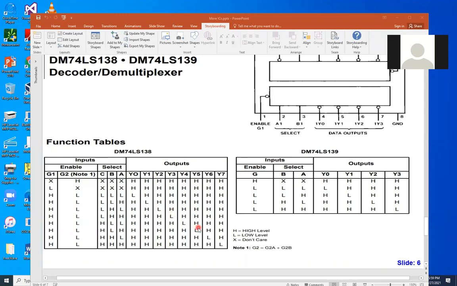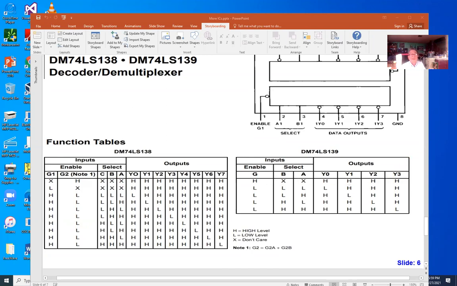I don't understand what the select is doing. Could you explain the ABC select again, please? ABC here, right? Yes, sir. I don't understand the function of that select. Okay, that means they decide which output here will be low, by applying inputs ABC.